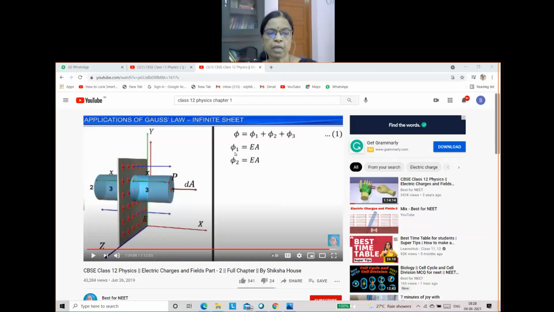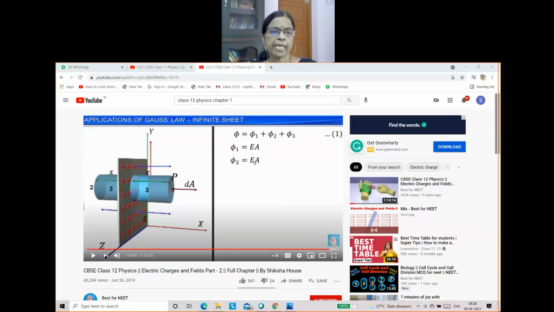First surface, phi 1, we got E into A, because E ds cos 0 becomes area vector and electric field, both in the same direction. So E ds cos 0, cos 0 is 1. So integral E into dA becomes E into A. Flux through surface 1 is E into A. Similarly, flux through surface 2 also will be E into A, similar surface.